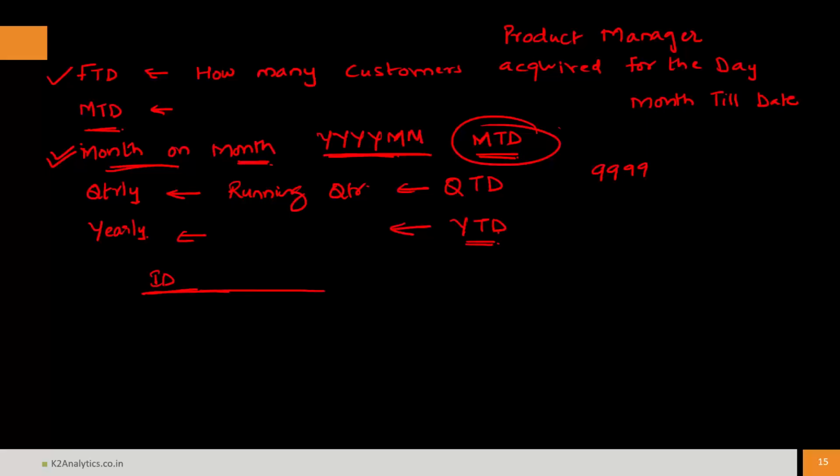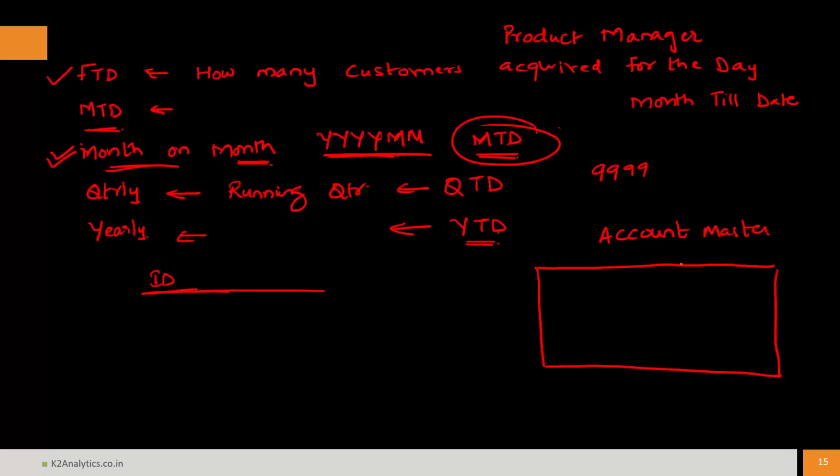From the account master table, whenever a customer buys a product, for that product an account would be opened. So this is your account master, and this is available in your warehouse. I am trying to explain the transformation part. We are in the transformation part, and whenever a customer opens an account, there will be an open date.